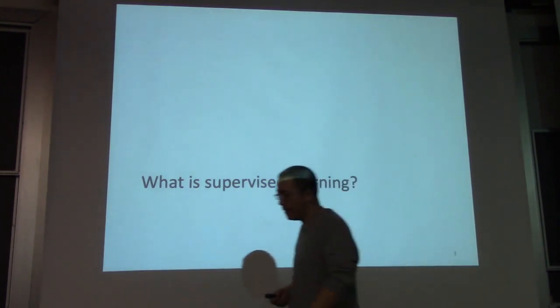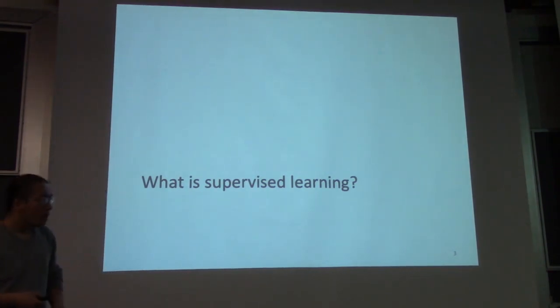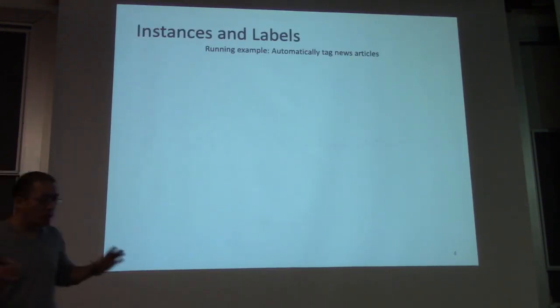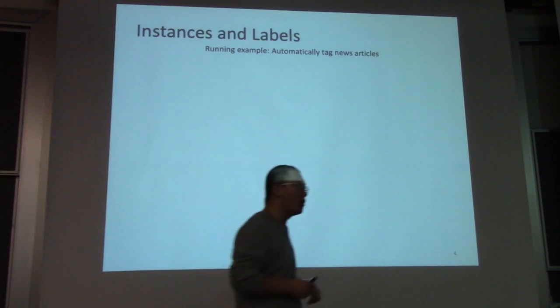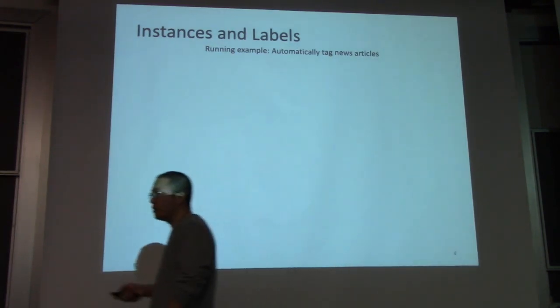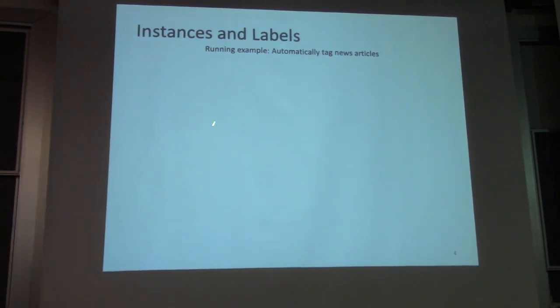This is the intuitive sense of supervised learning. But if we put supervised learning in the context of machine learning, we should be clear about two key factors. First, the instances, and second, the labels.